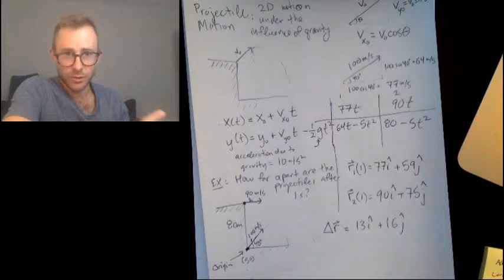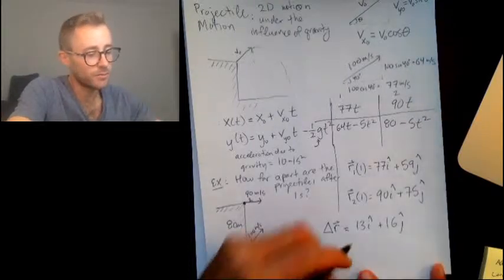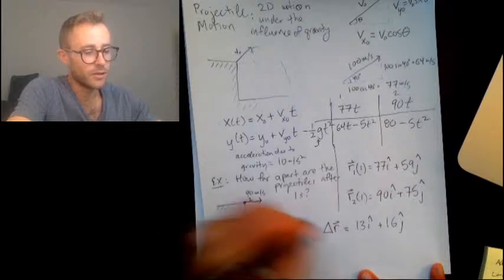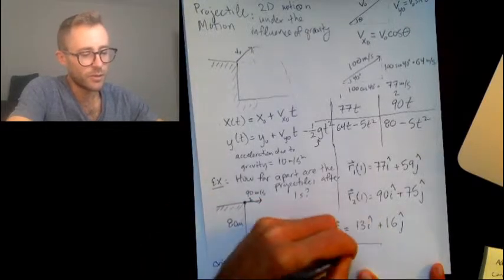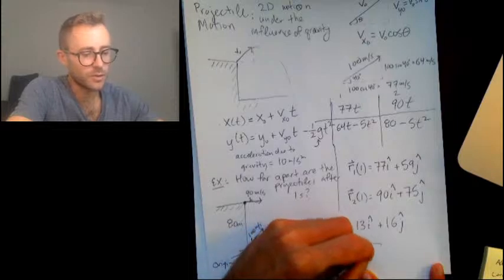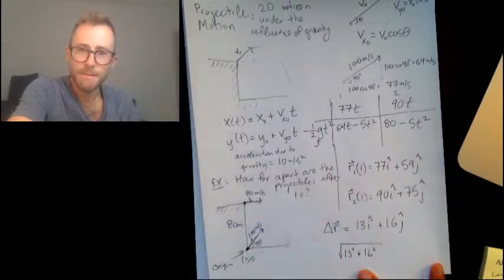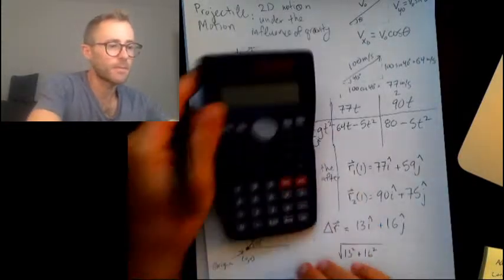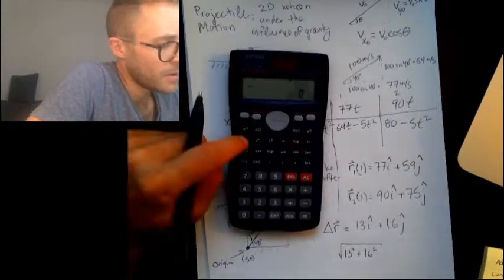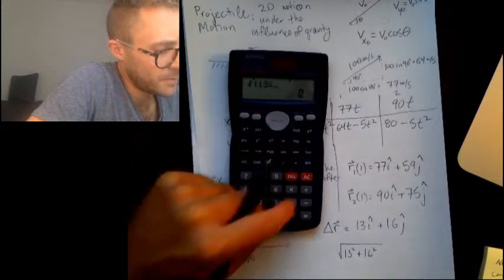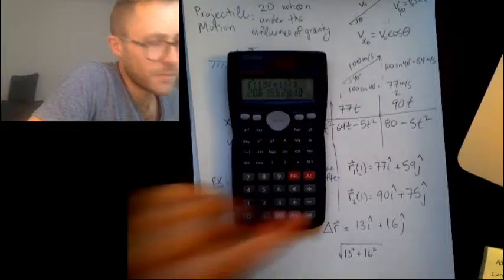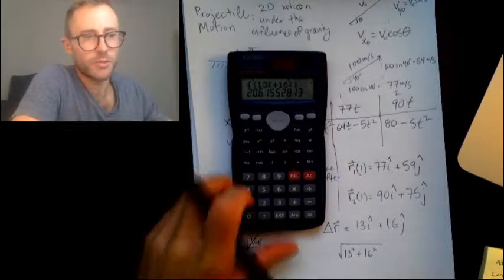And the magnitude of the separation vector is going to be the distance between the two projectiles. Okay? So the answer is going to be the square root of 13 squared plus 16 squared, which is about 20.6 meters.